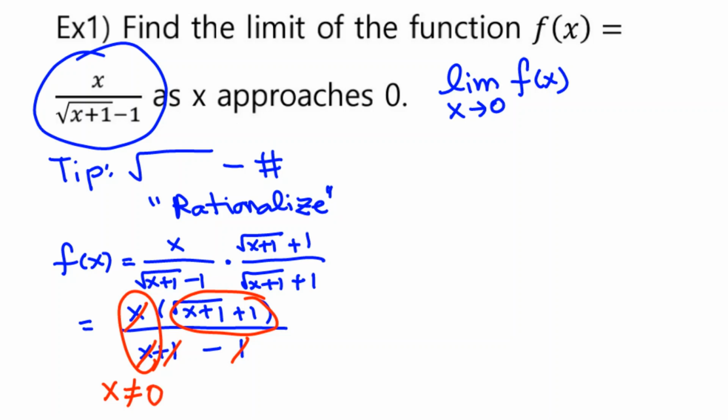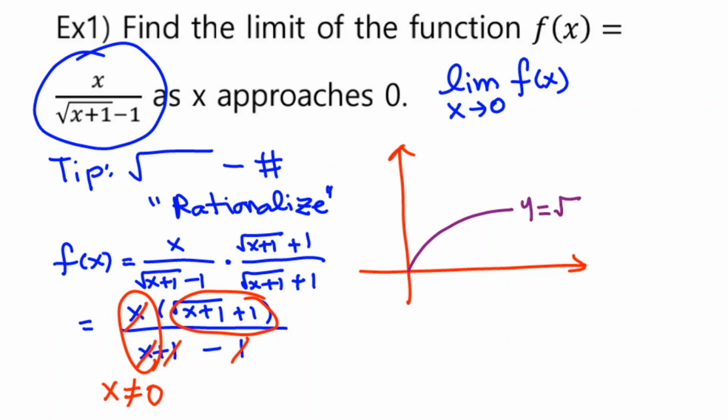Let's graph this. I have x-axis and y-axis. Let me change the color. All right. The parent function is the radical function, so y equals square root of x. I have a plus x, so that means I moved to the left 1 unit. And I have a plus 1 outside the square root. That means go up 1 unit.